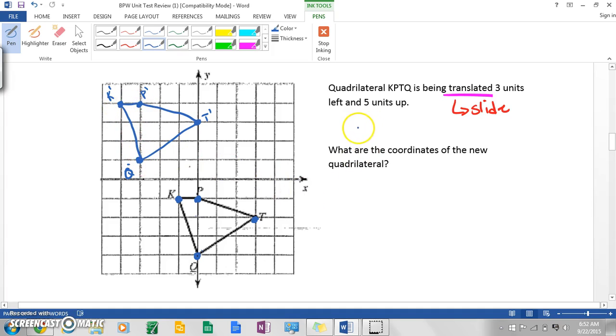Now, keep in mind, just translating is not enough here. It asks, what are the coordinates of the new quadrilateral? Alright, so let's go through and identify where K prime, P prime, T prime, and Q prime are.